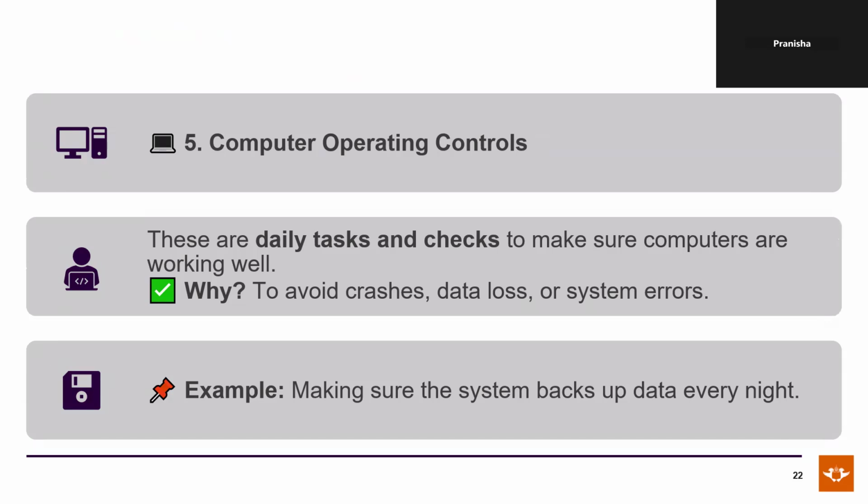For example, maybe a backup, or we need to make sure that there's a system cleanup done at the end of the day so that all computers run well. And these are just controls built into the system to make sure that ultimately the computer is being run effectively.